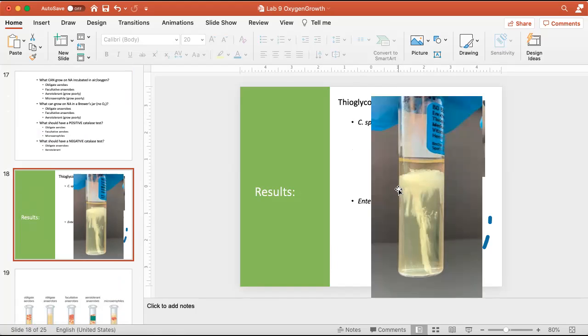We've got less oxygen here, and of course, less and less oxygen all the way down, but there's less growth as we go down as well. So this organism is growing best right here, but it can grow all the way down. This is aerotolerant.